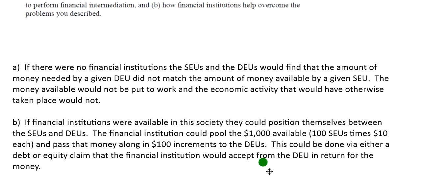And this could be done either through a debt or equity claim. Debt would typically be in bonds, and equity would typically be in stocks. Once again, don't worry about that right now, because we're going to talk about it in detail a whole lot more as we get further into the course.